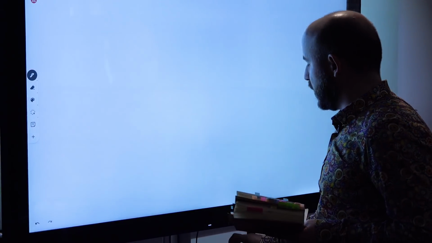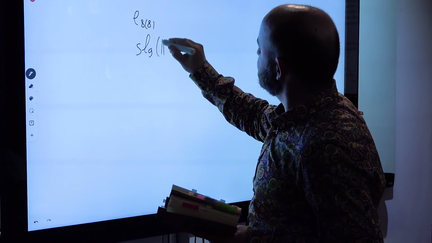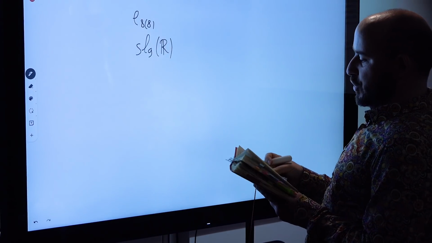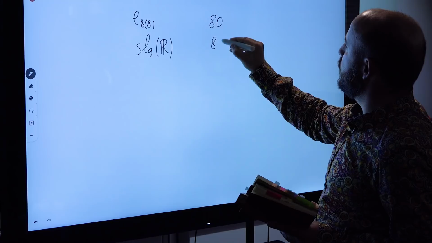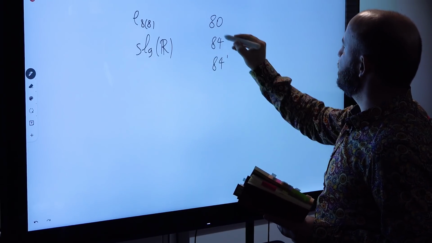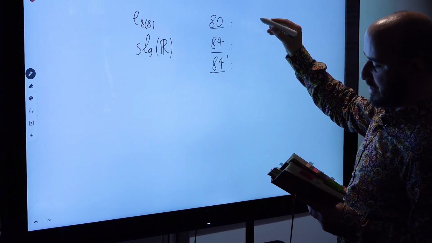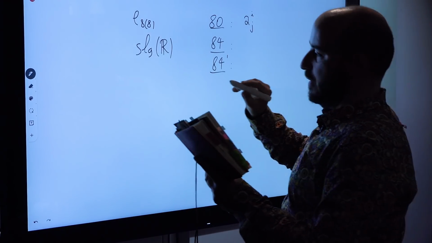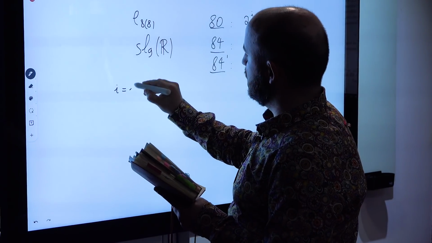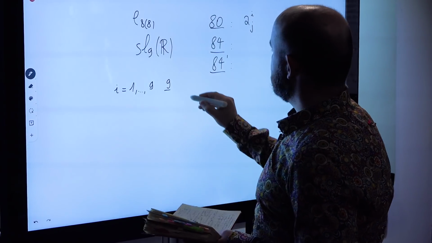Okay, so we have this E8(8) symmetry, which is global, but let me say that then there is this SL(9,R) symmetry. And so I will essentially write down in terms of fields the 80, 84, and 84 prime. These are representations of SL(9,R). And 80 can be written essentially as a field which has one index up and one index down, where I goes from 1 to 9, and this is in the 9, the fundamental representation of SL(9).